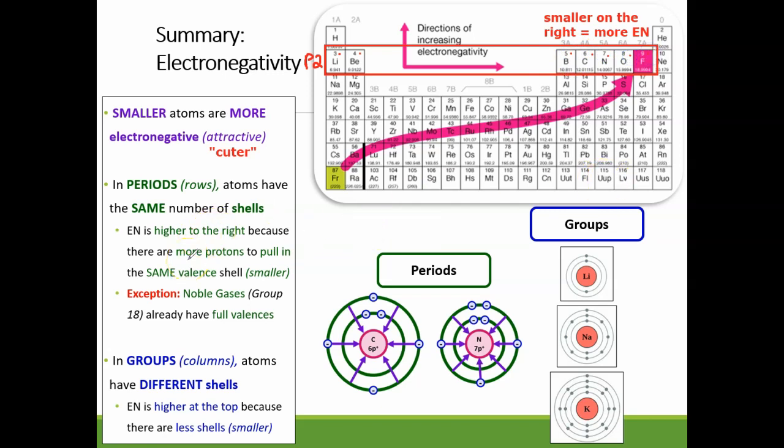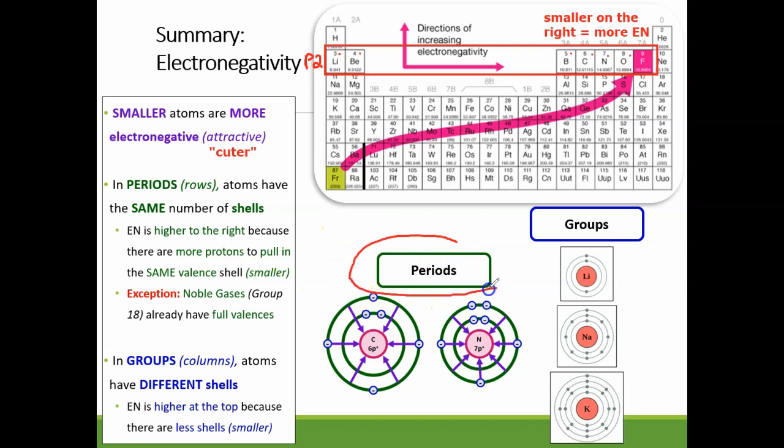So those 9 protons in fluorine are going to pull in or attract those 2 shells a lot more easily, and that's going to make it smaller. Because they all have the same number of shells, they all have the same setup. So if you have more protons in the center, you can pull in your shells more easily.